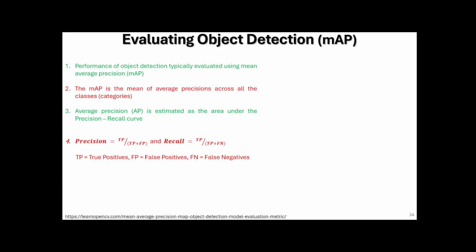Okay, great. Now let's move to recall. Recall means true positives divided by true positives plus false negatives. True positive you already know. False negative means that your network is not at all detecting the object, in the case of an object detection model.